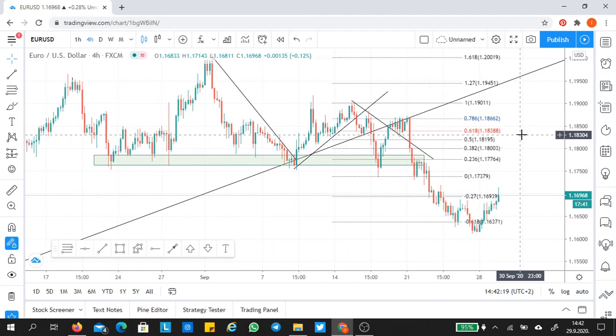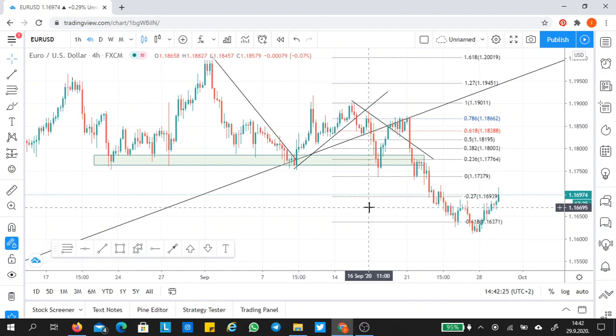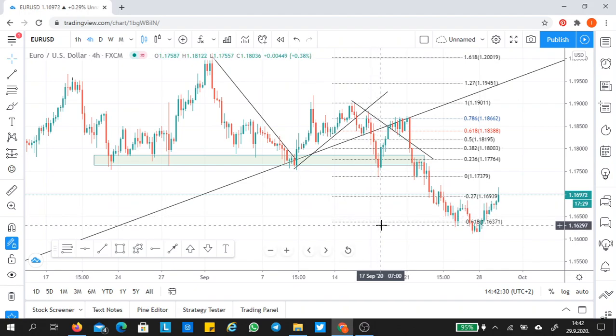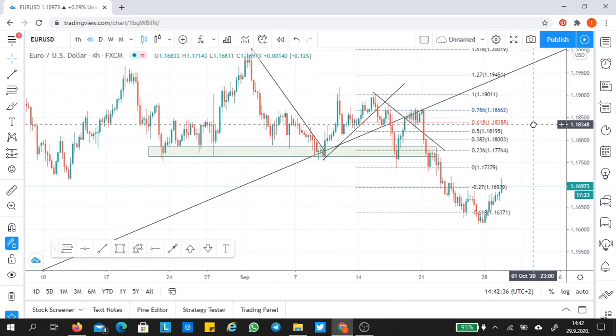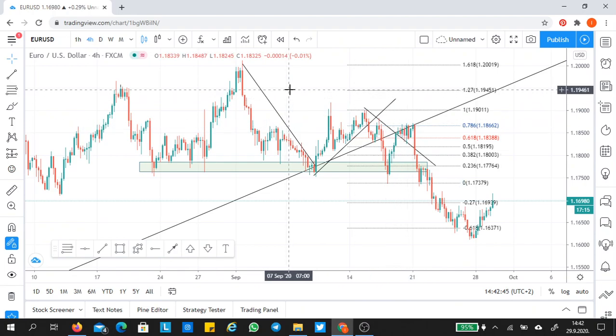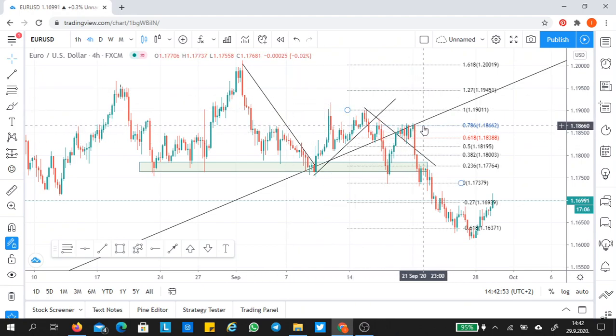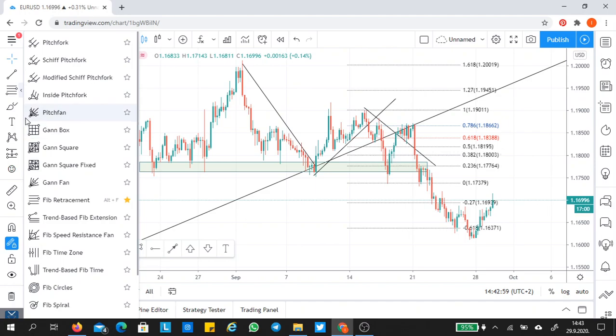Where did the market stop? At the second target of the Fibonacci extension, or 618, and this is where the market reversed. As I said, if you are following the lower time frames and watching the moves, you could scale in on the correction, and there was a good opportunity to make a profit, because this was really the trade with the highest risk to reward.